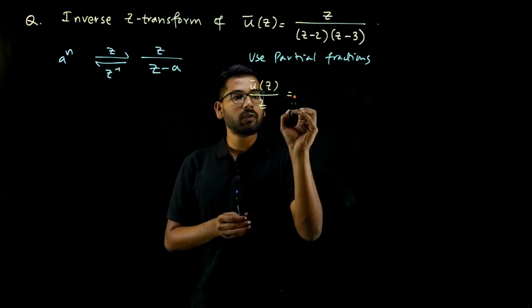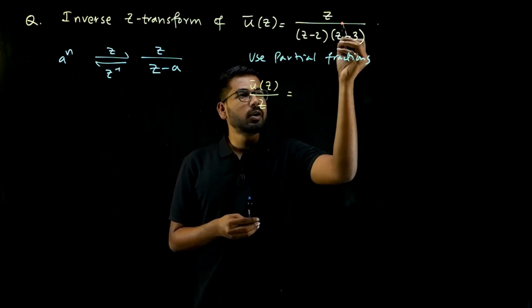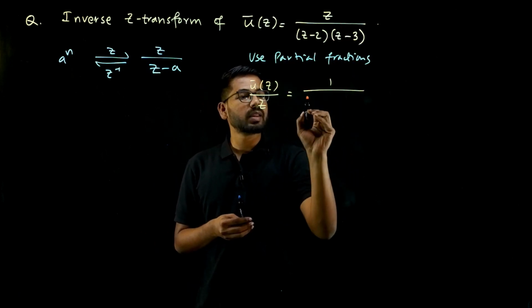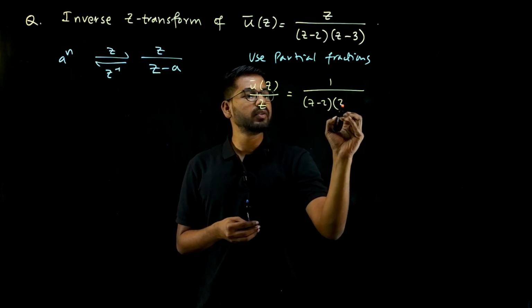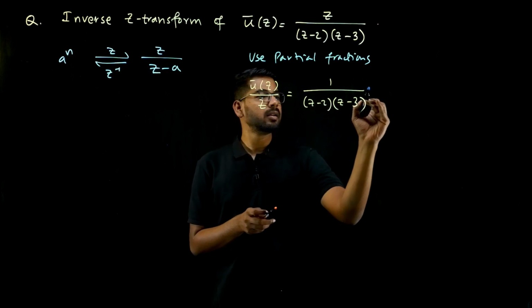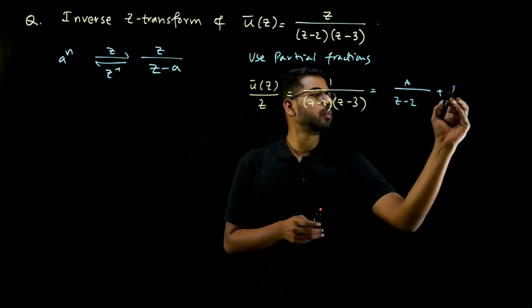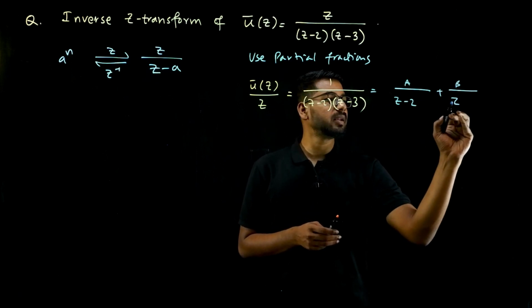If you bring this z to this side, you will have left 1 over (z minus 2)(z minus 3). This I will split like this: a over z minus 2 plus b over z minus 3.